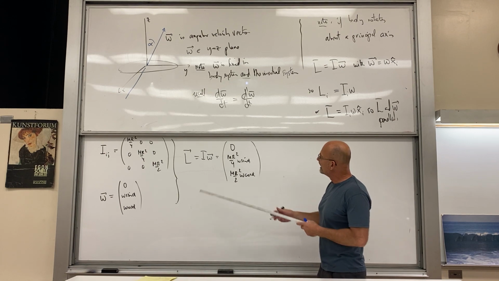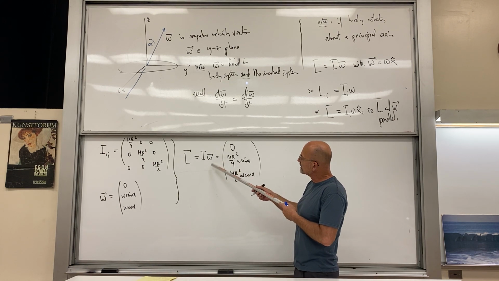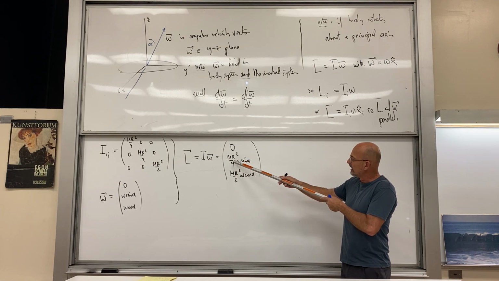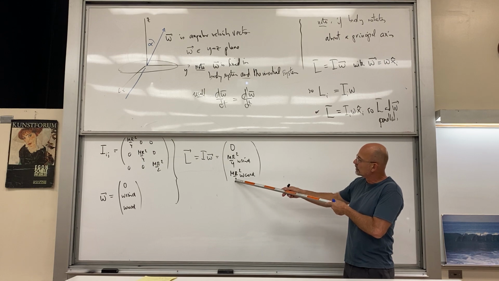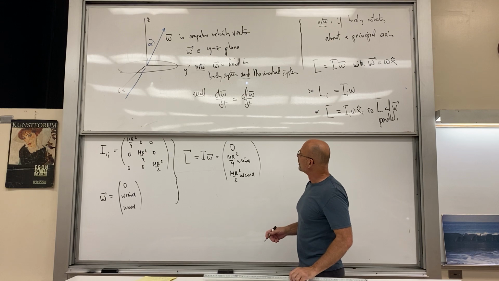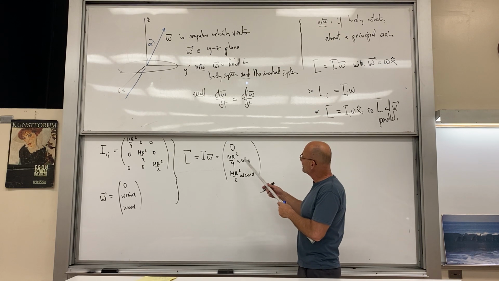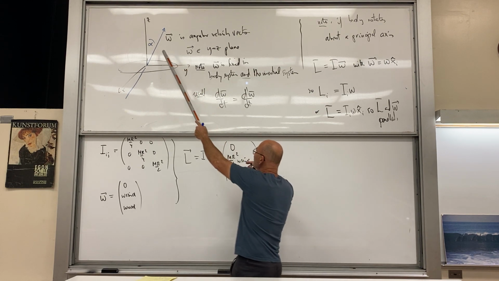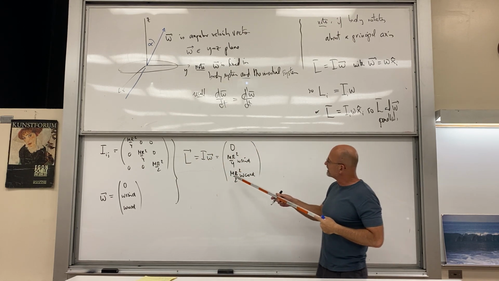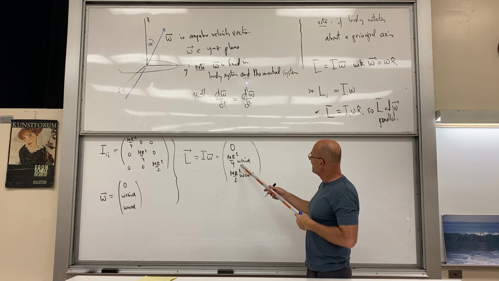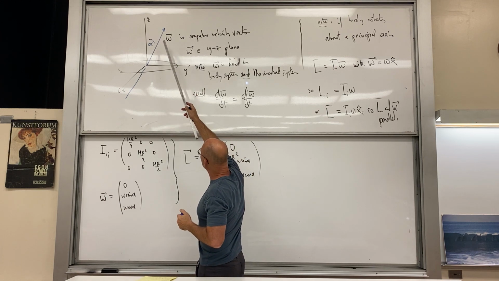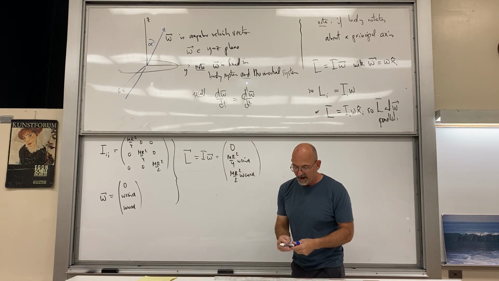But the thing is, L and omega are clearly not parallel because they have these different coefficients. We have mr squared over 4 and mr squared over 2, where we just have a 1 and a 1. So we want to place this vector in that sketch there. You'll notice it's still in the YZ plane, but its Y component is shortened compared to its Z component. So I'm going to draw that one in red on the same picture.